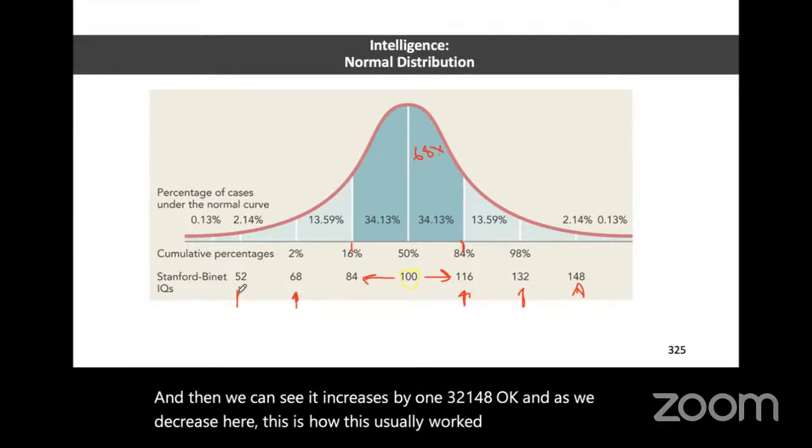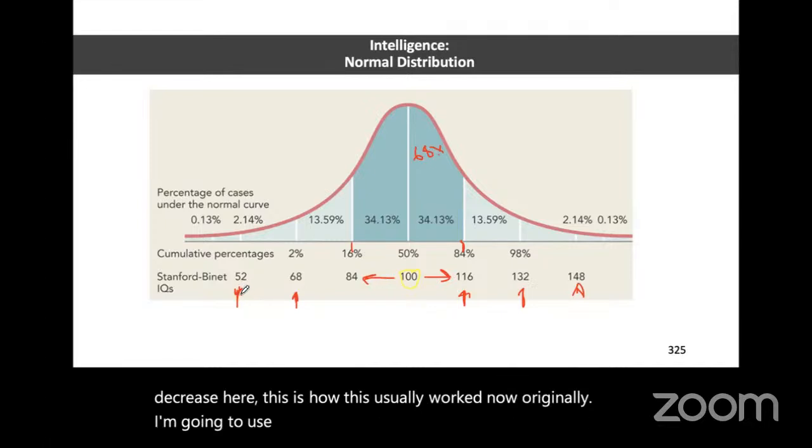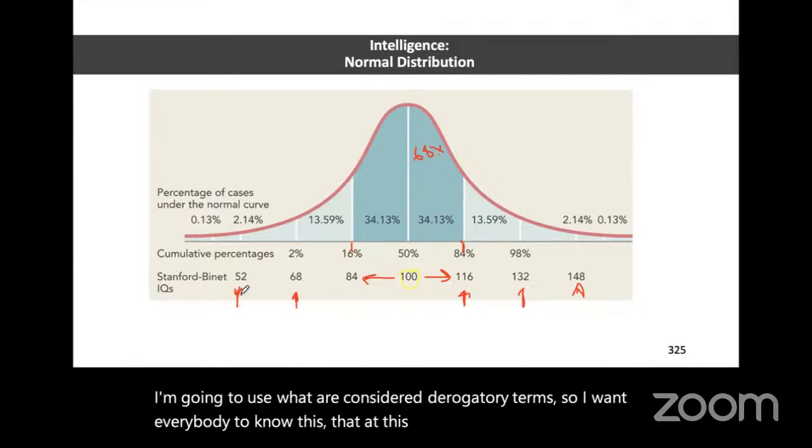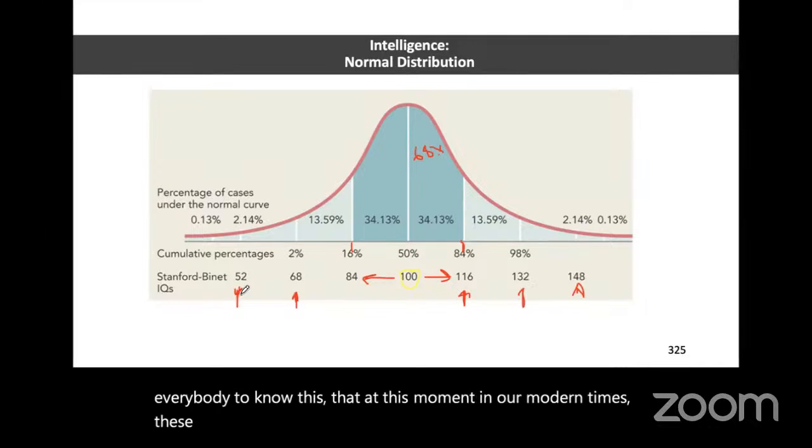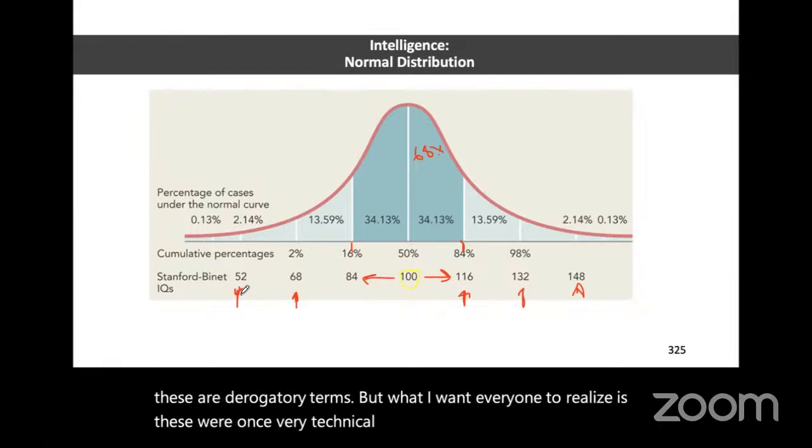Now, originally, I'm going to use what are considered derogatory terms. I want everybody to know that in our modern times these are derogatory terms, but these were once very technical terms.